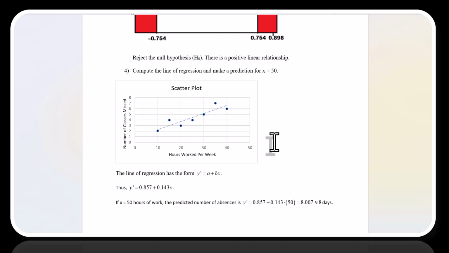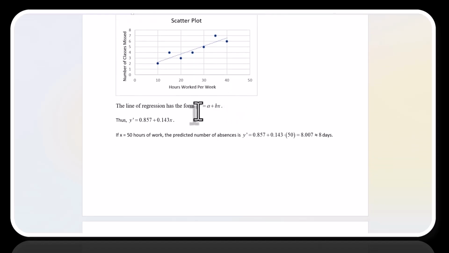Think of the line of regression as a line that's closest to every single plotted point, and we can use it to make predictions. The format for the line of regression is y prime equal to a plus bx. A is the intercept, b is the slope. These are called regression coefficients.